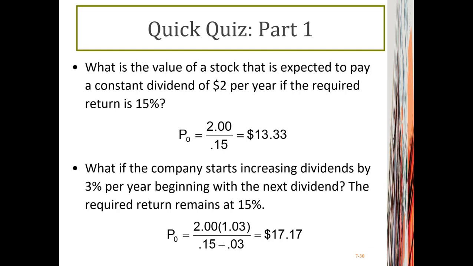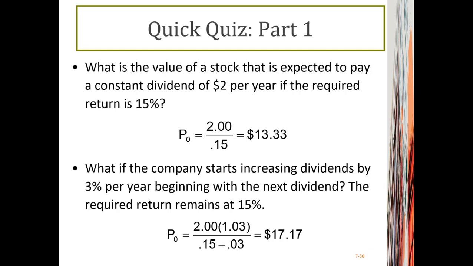In this case, we notice that the dividend follows zero growth because it's a constant dividend, and this is a typical case for preferred stock, and we can view this as a perpetuity. So the stock price estimation at time zero equals the cash flow $2 divided by the 15% required rate of return. I suggest you put 0.15 here, not 15% in your calculation. And that will give you $13.33 of stock price.